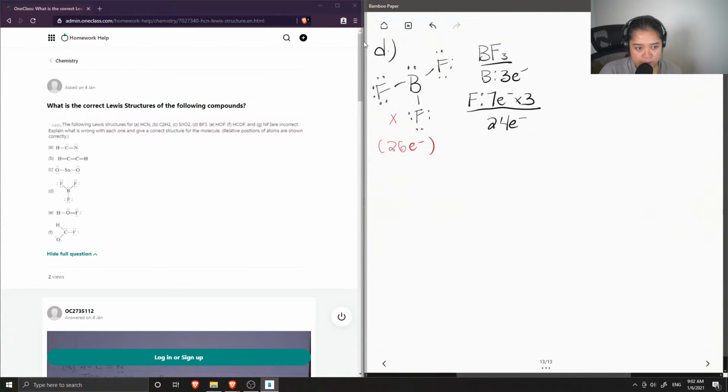So let's write the correct structure on the right. With molecules containing boron, boron is one of the exceptions to the octet rule. So it's actually satisfied even with just 6 valence electrons.